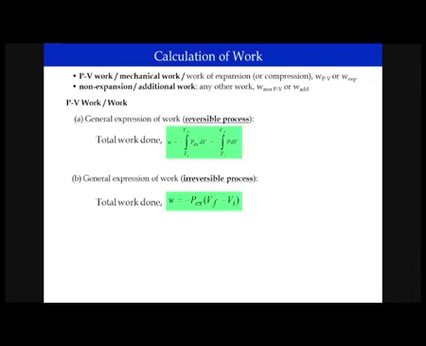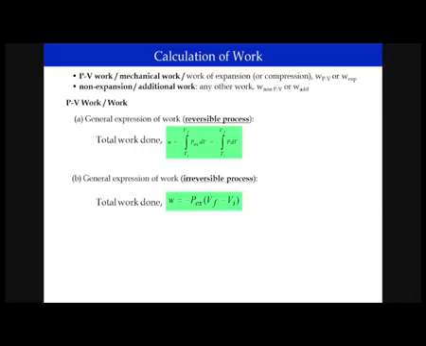But in this unit we will only be talking about PV work, the mechanical work or work of expansion. If nothing is mentioned about the work, you have to assume that it is PV work.